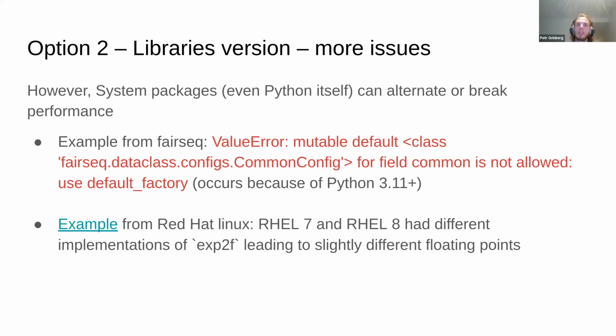For example, in Python 3.11, you have a different way of definition of data classes, and some libraries like FairCQ do not work on Python 3.11. They return this error just because it's a new Python with updated behavior.